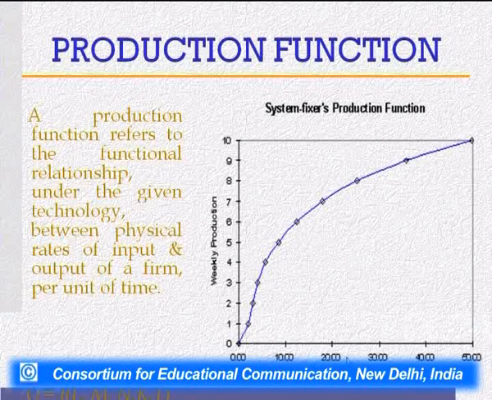When you input more and more labor, production moves in an upward direction. So, this figure is also called a short-run production function. If you increase the input, you get more output. So, this is a production function figure, where a production function refers to the functional relationship under the given technology between physical rates of input and output of a firm per unit of time.